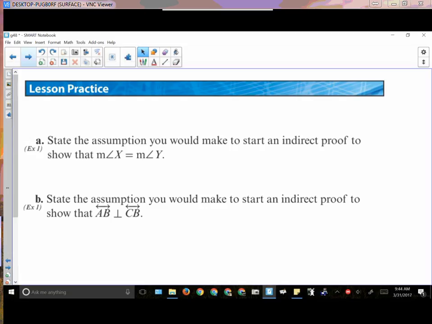So what makes it false? What's the opposite of it? Not equal. So I would have to make the statement that the measure of angle X is not equal to the measure of angle Y.